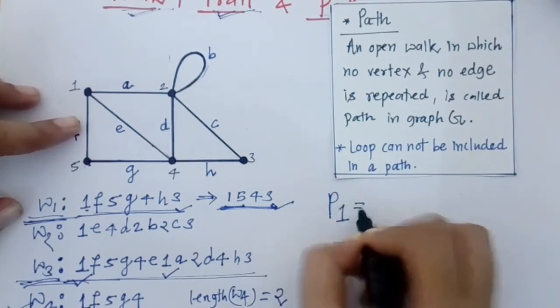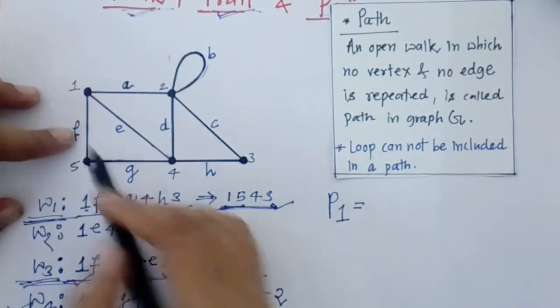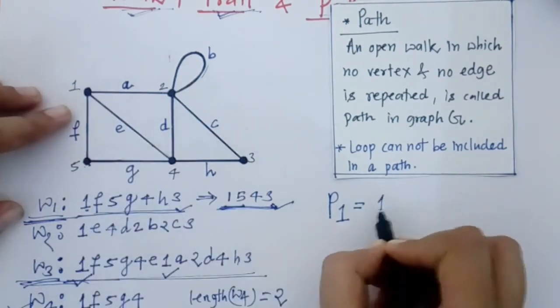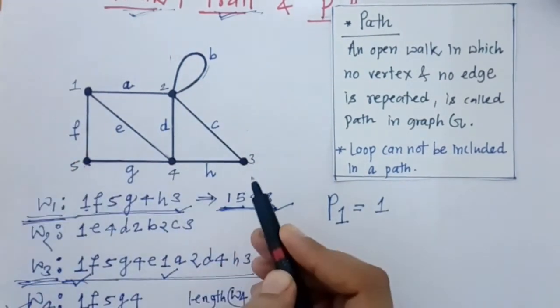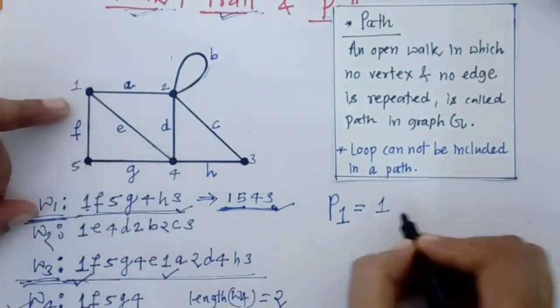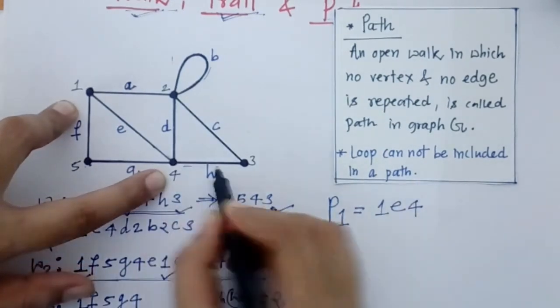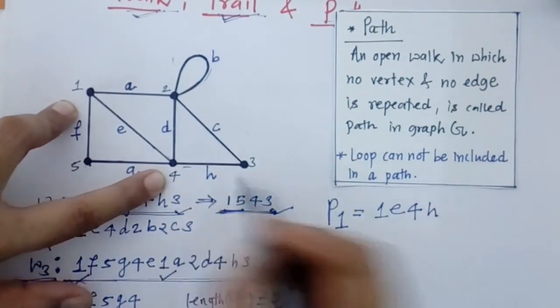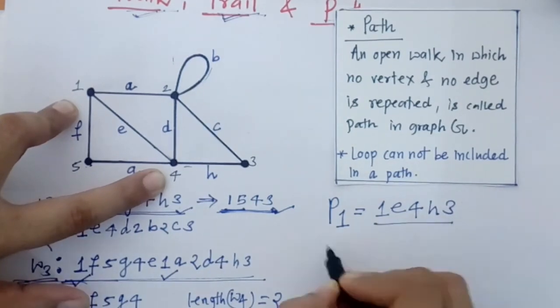So if we have to travel from vertex 1 to 3, by how many ways can we go? We can travel from vertex 1, then this edge E, then vertex 4, then edge H and vertex 3. So this is the path.